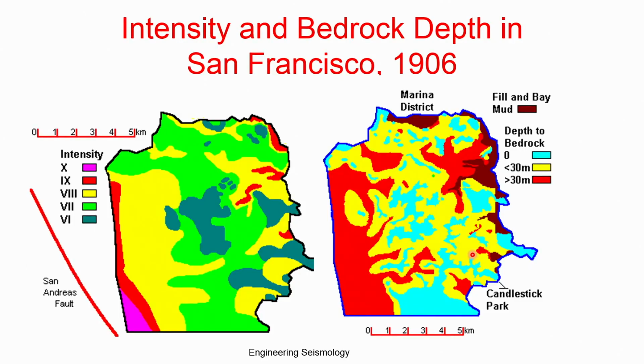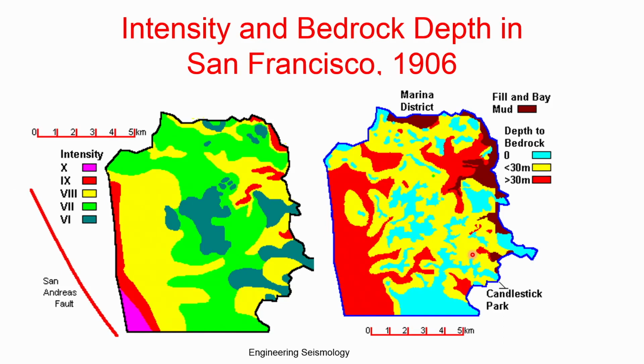The scientists found that the intensity value reported at a particular location matches well with the geological formation of the location. Geological means rock and soil type. They observed that low intensity values are reported in rock areas, and high intensity values are reported in soil areas.